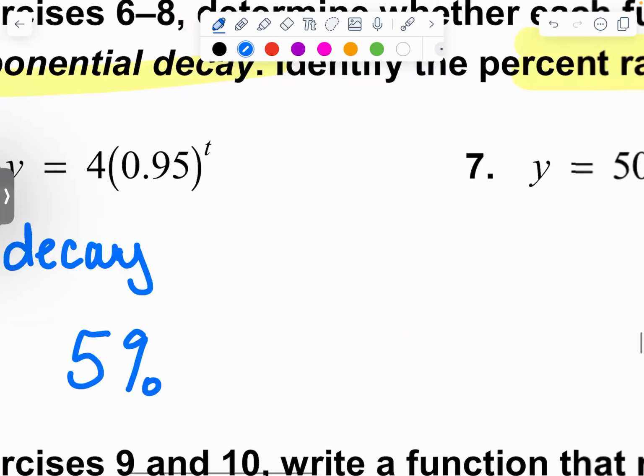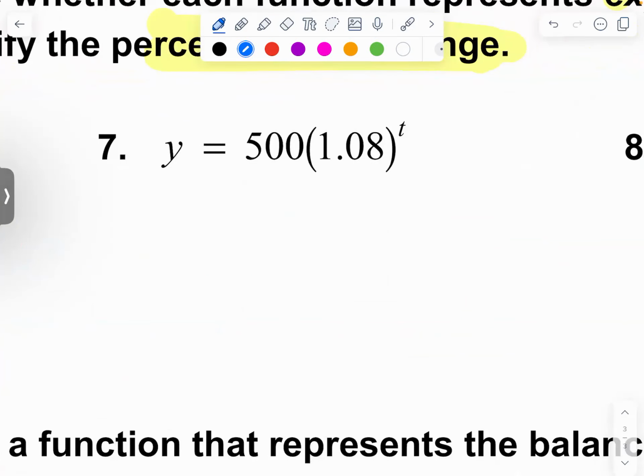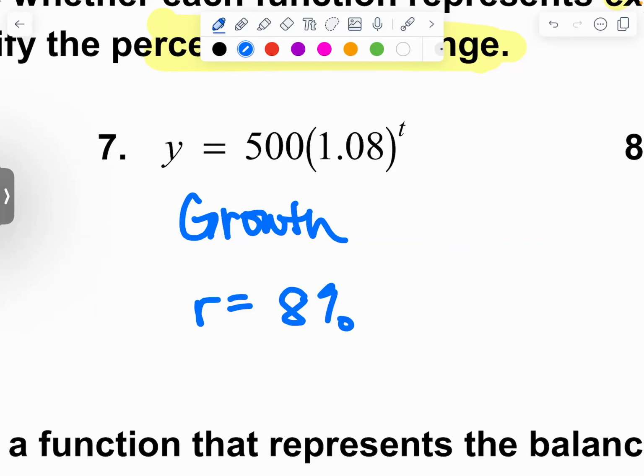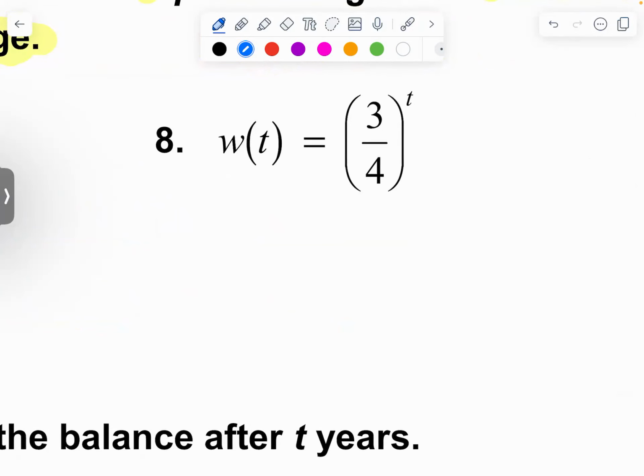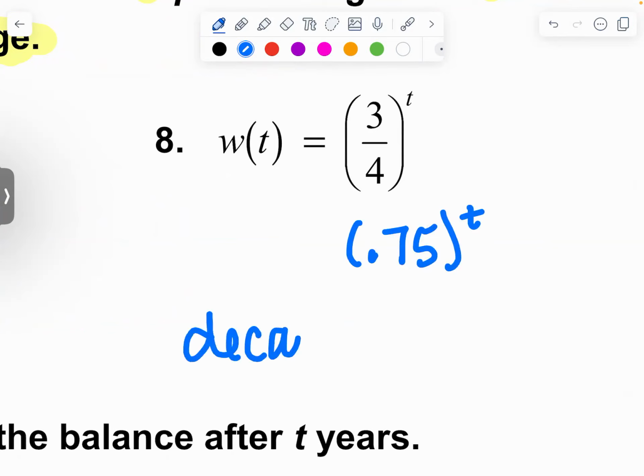Kaylee, growth or decay for number 7? Zayden, how does she know it's growth? Because it's above 1. DJ, what is our rate of growth? 8%. Good. People panicked about number 8. What is 3/4 the same as? 0.75. So do we have growth or decay? And what is our rate? 25%.